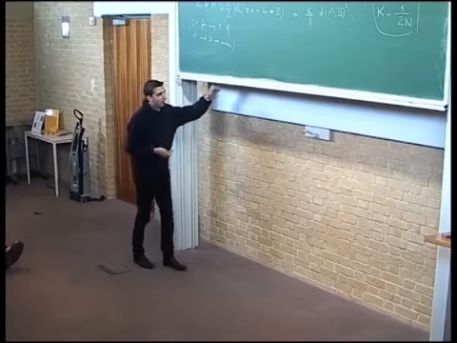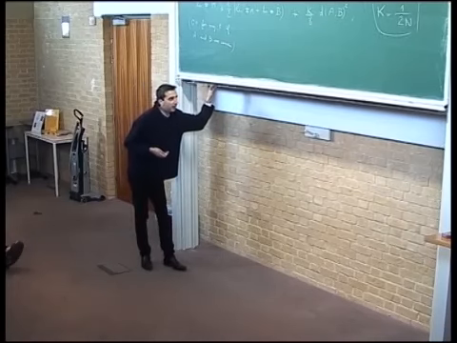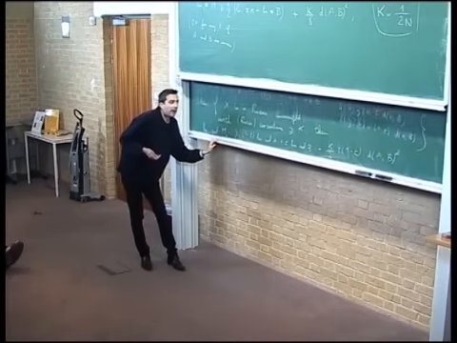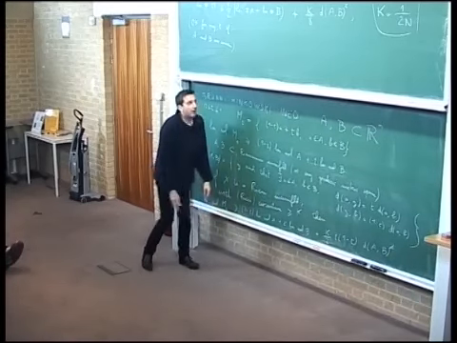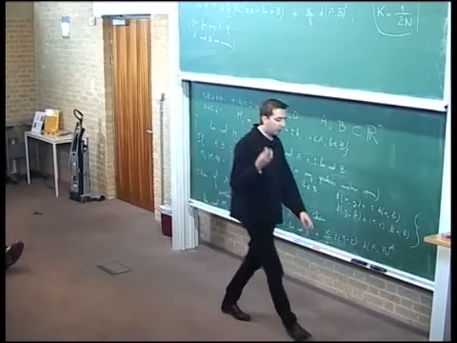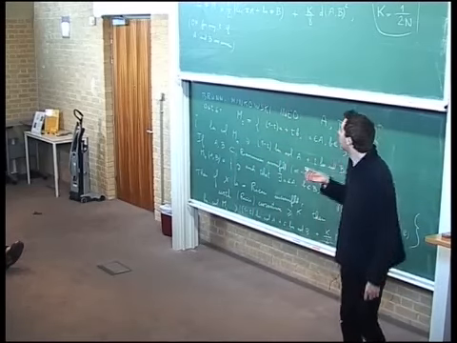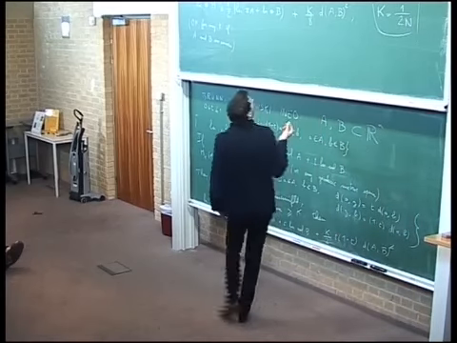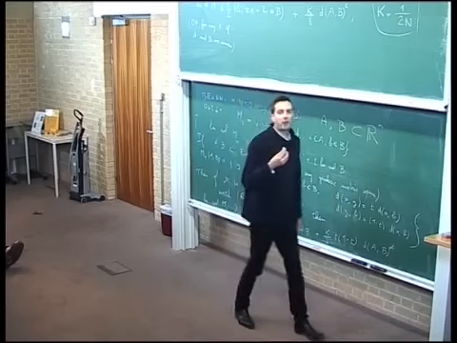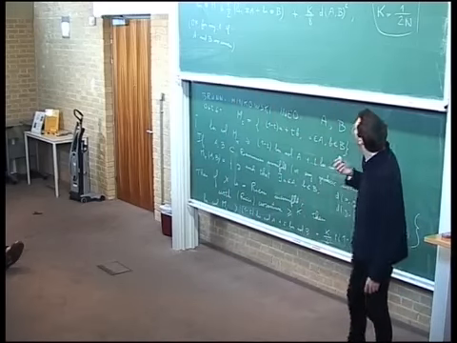So for those of you who were here yesterday, you might remember that I gave another definition of a Ricci curvature for discrete sets, and I was able to compute it for the discrete cube, and you got something like 2 over n plus 2, or 2 over n plus 1 maybe.